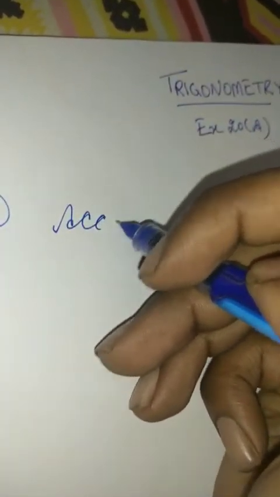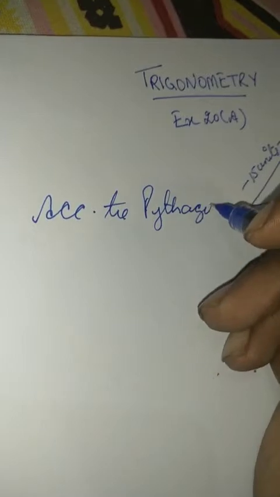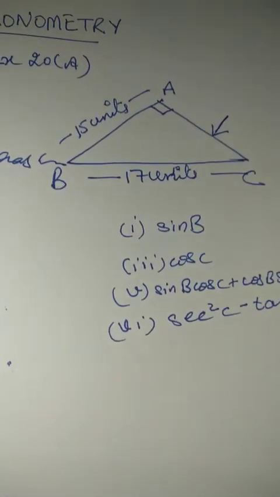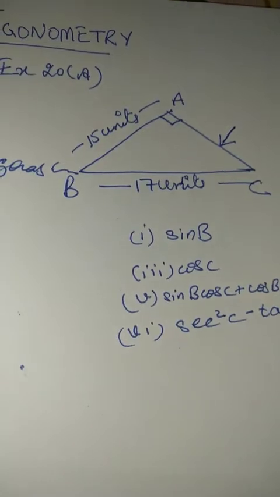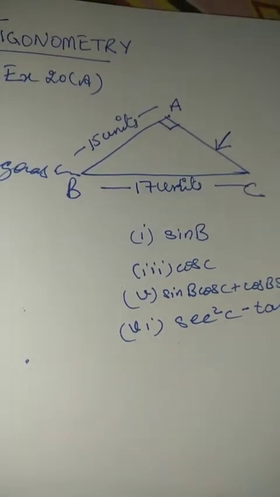So for that we will write down over here, according to Pythagoras theorem. Alright, this you will have to mention. Now, what is as per the Pythagoras theorem? From this very figure, perpendicular square plus base square will be equal to hypotenuse square. Now, we do not know which will be the perpendicular, which one will be the base.